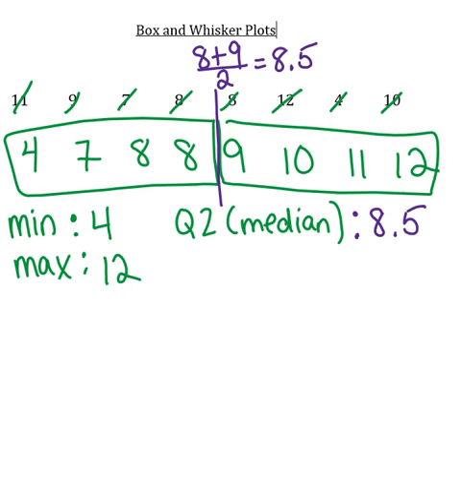Now, if this was an odd number data set, you would actually have a number here and you would use it as your median. But again, because we have an even amount of data, we are going to have to find these averages. And then we'll have quartile 1 and quartile 3. Now, quartile 1 is the median of the lower half, which happens in between 7 and 8, which will be 7.5.